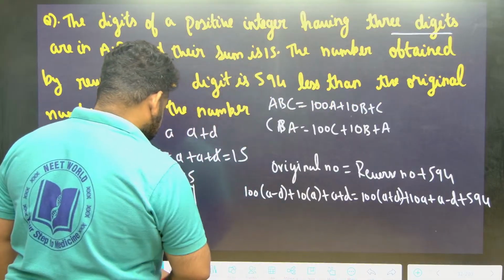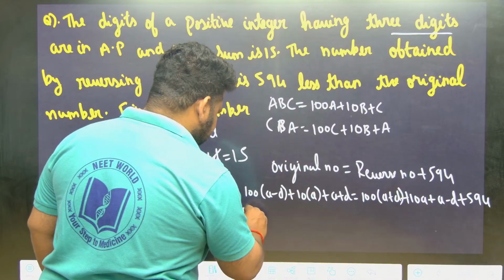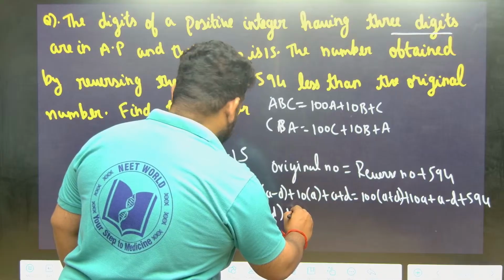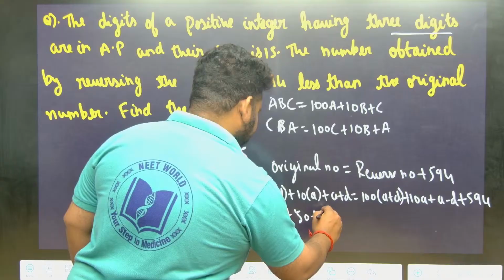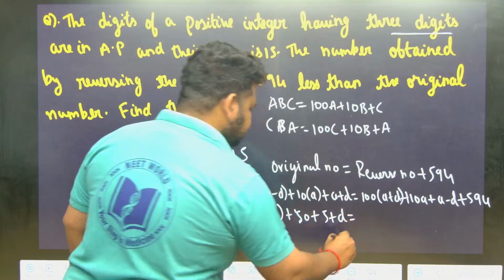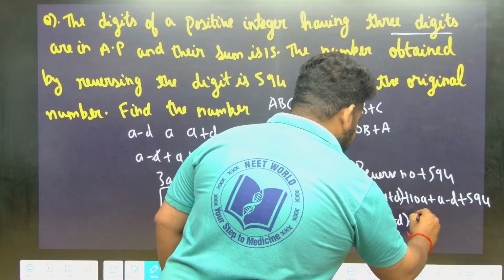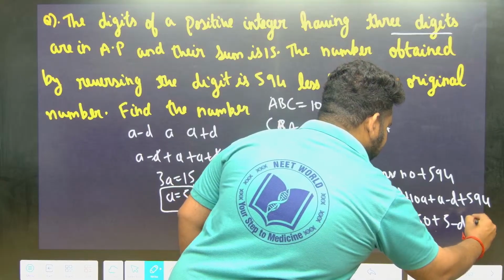We got the value of a, so definitely we can put the value of a here. This will become 100 into 5 minus d plus 10 into 5, which is 50, plus 5 plus d, equals 100 into 5 plus d plus 50 plus 5 minus d plus 594.